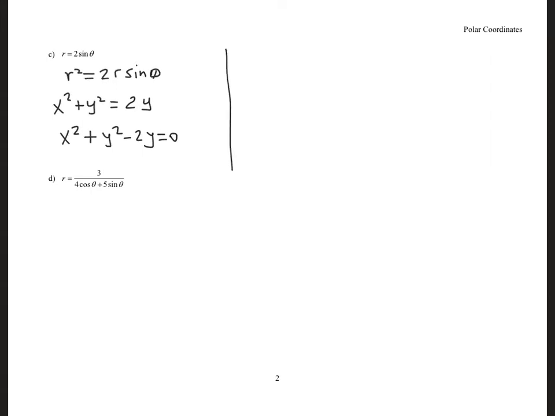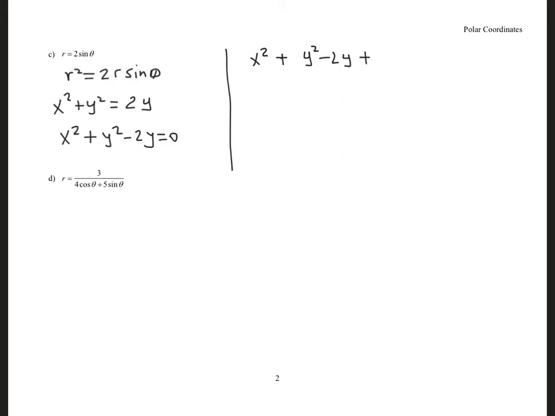I'm going to complete the square for this equation so that the equation can be in standard form. So I have x squared plus y squared minus 2y. Then I'm going to divide negative 2 by 2, then square it.